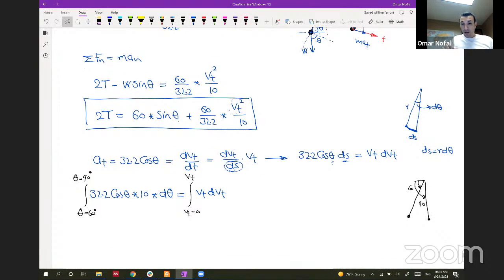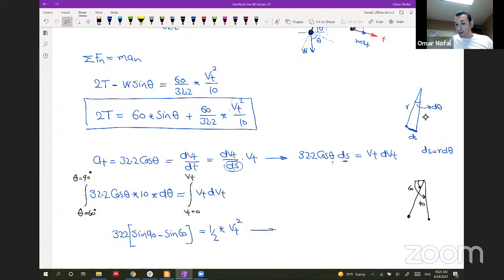So this will give us 322, and if you integrate cosine, it will give you sine theta, and you will need to do the upper and lower bound, so it will be sine 90 minus sine 60, and this will be equal to half multiplied by vt square.